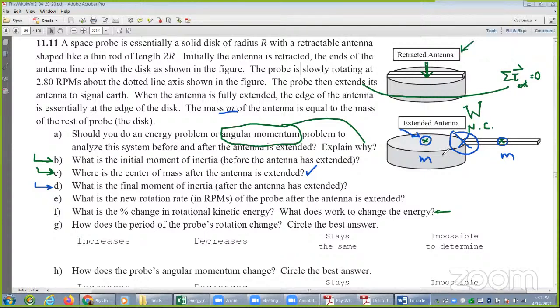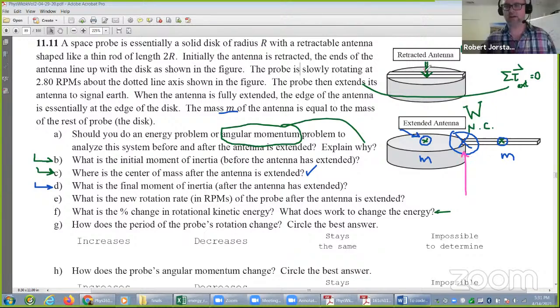The center of mass. So look, here, a lot of the mass is really close to the center. Here, a lot of the mass is far from the center. Now, the axis of rotation used to be right here. It's now moved to here.